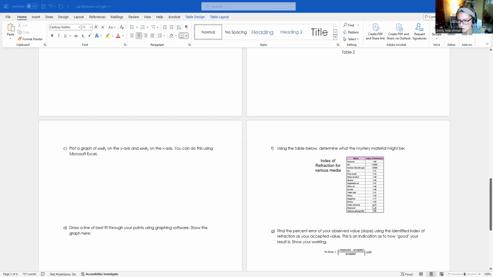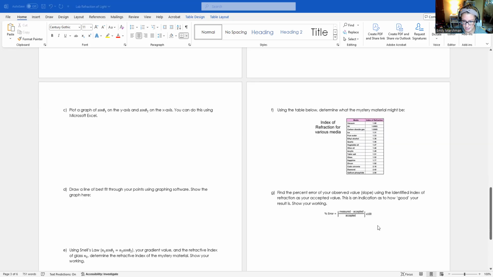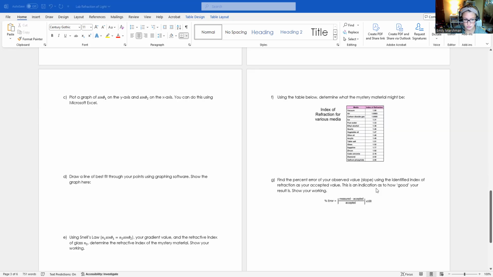I could check which one was closer and make my final decision based upon that. If I had more data points, I might have also gotten closer to one of these as well. But that's your goal, to figure out what the mystery material was and determine the percent error, how close you got to this mystery material.